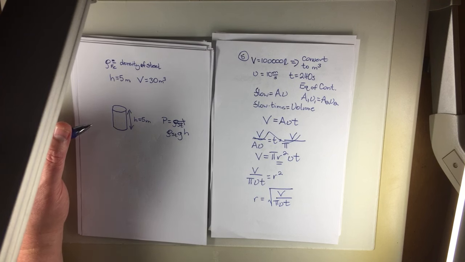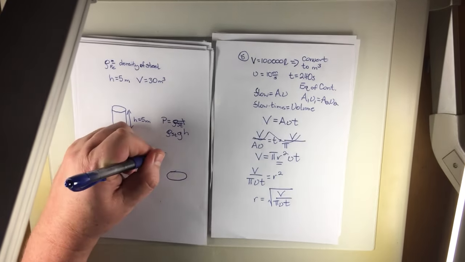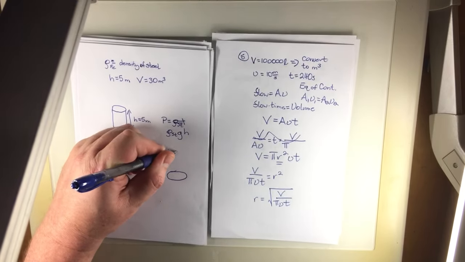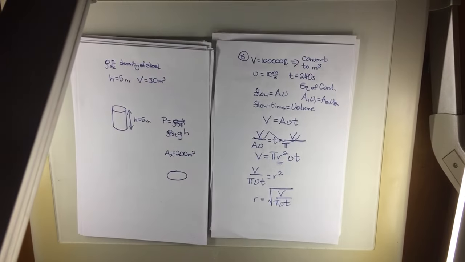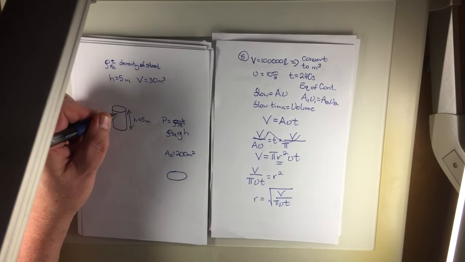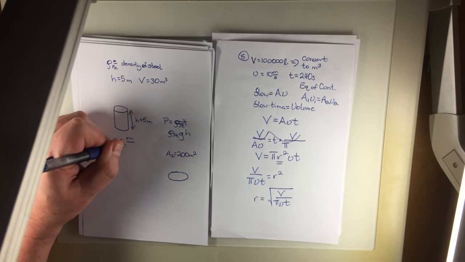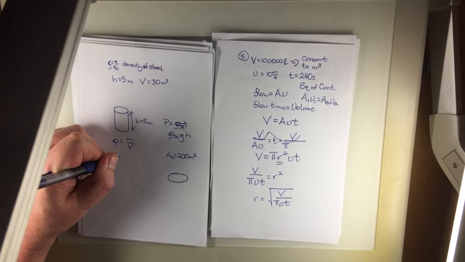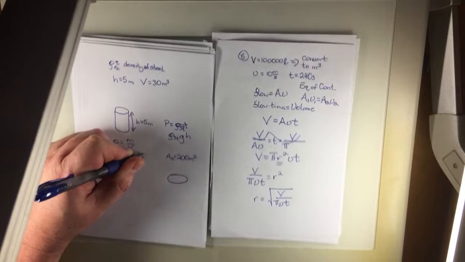The cylinder from the previous problem is resting on a plate of 200 square meters. Now, for something like this, you do need to know what the mass is of this. Density is mass divided by volume, so your mass of steel is the density of steel times the volume.